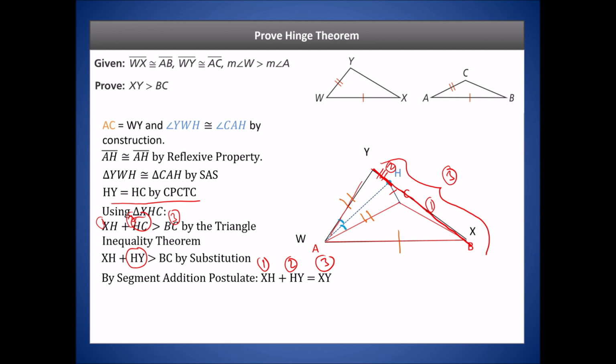And therefore we can replace this sum right here with XY. So doing another substitution, we can clearly see that XY is greater than BC if we replace this sum with XY. And so now we're finished with the proof. We proved that XY has to be bigger than BC. End of proof.